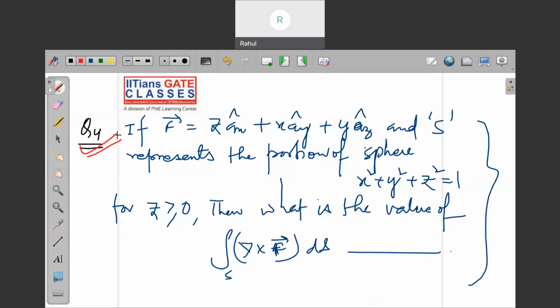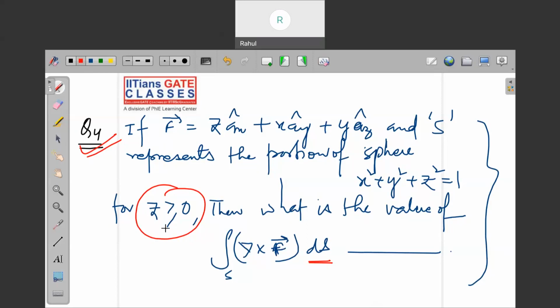So if f vector is given and S represents the portion of the sphere x square plus y square plus z square equal to 1, for z greater than or equal to 0, then for ds the z component will be there, the differential surface will be dx dy az cap. Then what is the value of that?